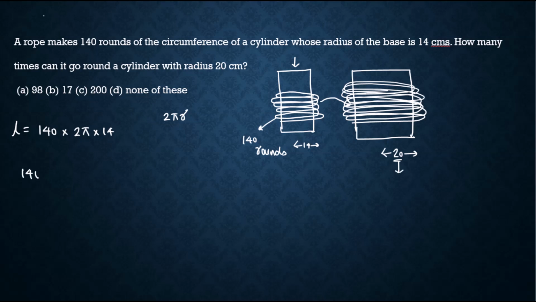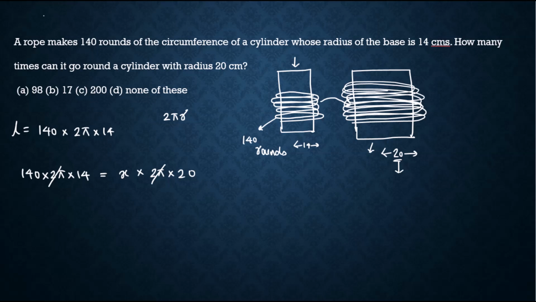That means length remains constant: 140 into 2 pi into 14 equals the number of rounds x into the circumference of the second cylinder, 2 pi into 20.